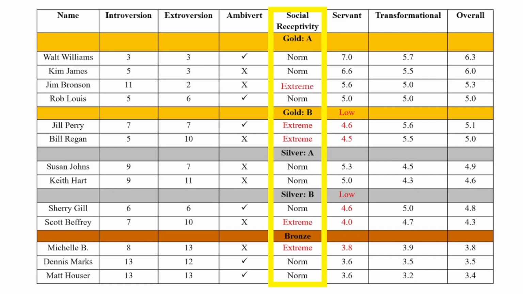And the reason for that is because we can look at his introversion score and he has an 11. So what this tells us is if he is falling under the category of social extreme and he has 11 in introversion, that means he is a really strong introverted melancholy individual. So while he has strong transformational and servant leadership skills, Jim struggles with high levels of anxiety.